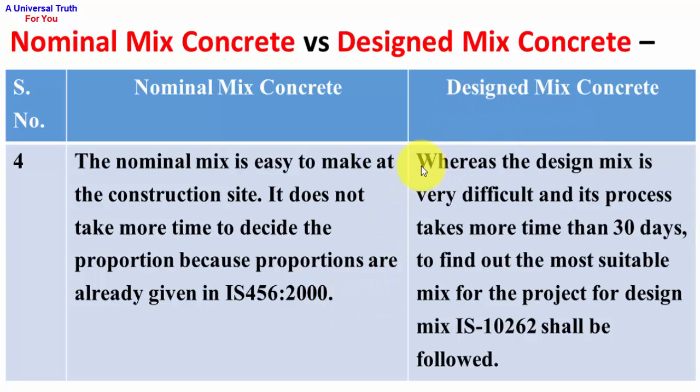Whereas the design mix is very difficult and its process takes more than 30 days to find out the most suitable mix for the project. For design mix, IS 10262 shall be followed.